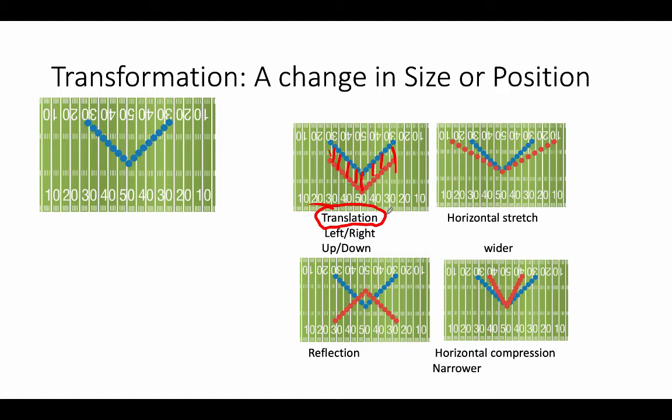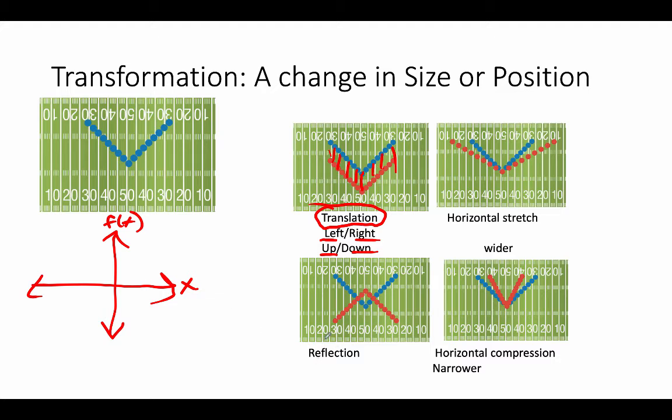What you need to write on your translations are left or right, up or down. You translate left or right on a coordinate plane. If you think about where the x-coordinate is, this is the x-coordinate, this is the y-coordinate, or f of x. Left and right is going to be addition and subtraction to the x-coordinate. Up or down would be addition and subtraction to the y-coordinate, which means the entire function.